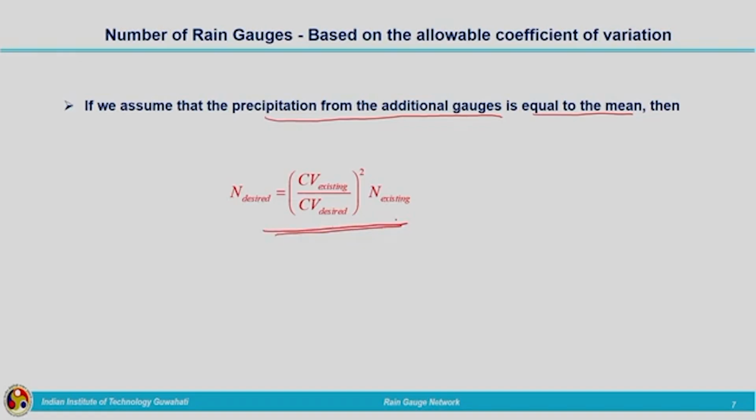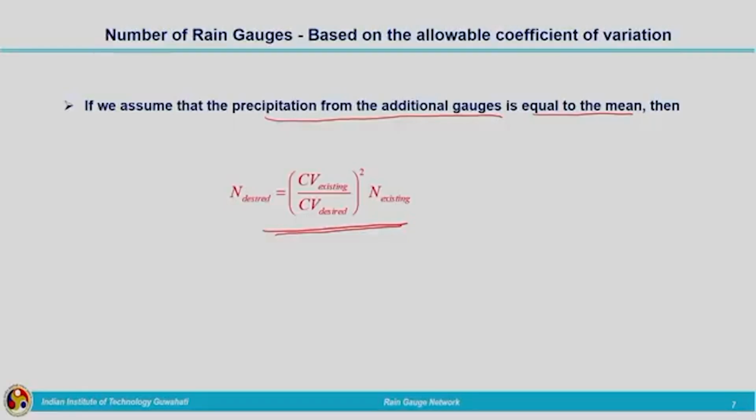So, what we are doing? We are assuming that some extra rain gauges in the catchment, in the particular area, will be giving us the mean rainfall data. This is an assumption. Based on that, we can calculate the extra number of rain gauges, or the desired number of rain gauges.